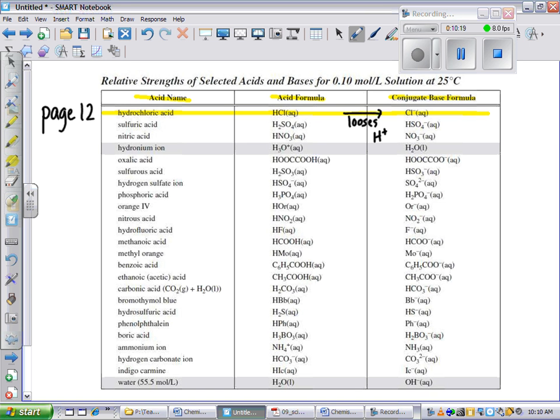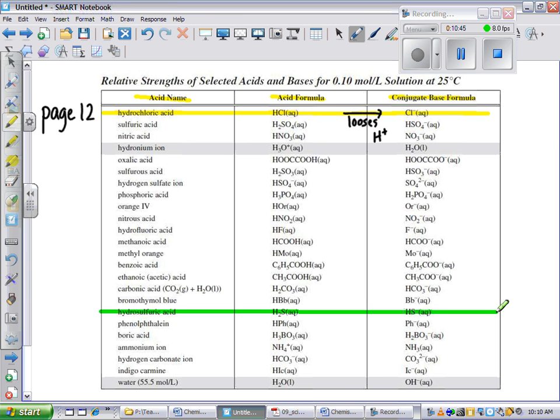Sorry, I spelled loses incorrectly. So this table you could also use backwards. For example, if you're given a base and you're not sure what it becomes when it accepts the proton, or you're unfamiliar with the charges, you can do the same thing. For example, let's look at HS negative. So this is HS negative.